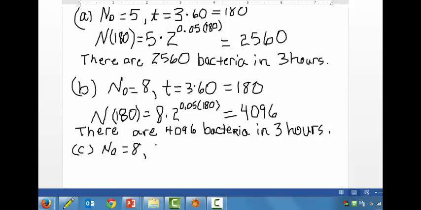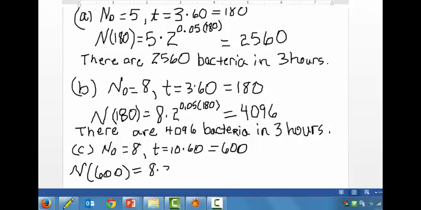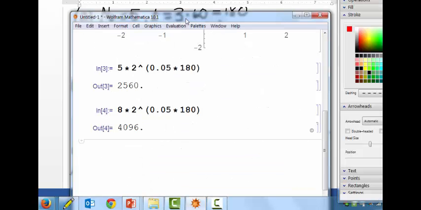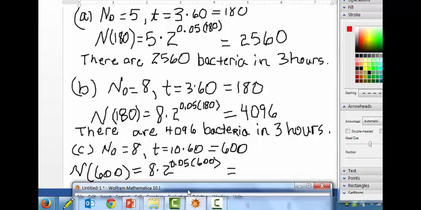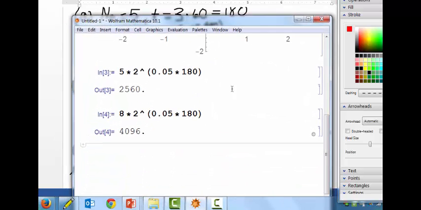All right, let's start with 8 bacteria, but this time let's see what happens in 10 hours, which is 600 minutes. So let's find n of 600: 8 times 2 to the 0.5 times 600. I'm going to use Mathematica to do this calculation, and you can imagine this is going to be a really huge number.